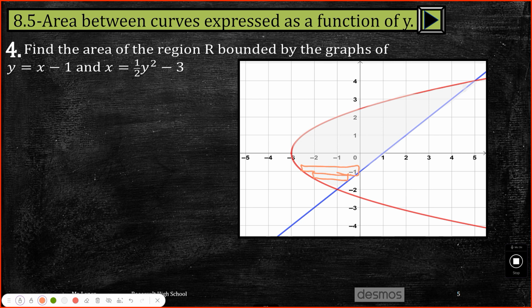The right is the top and the left is the bottom. So now we know that's going to be the line subtract the parabola. All right, let's do that. Because now you see that it's always going to be the line and then the parabola, and this works all the way through.